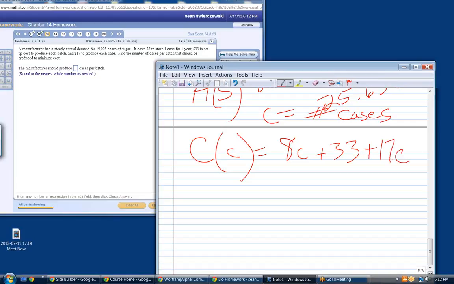So that's our cost function: 25C plus 33.